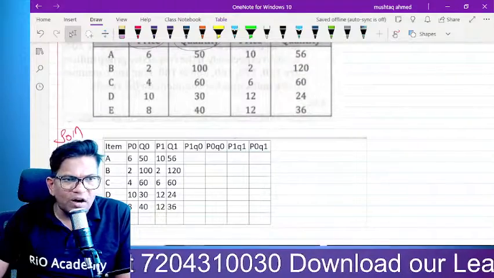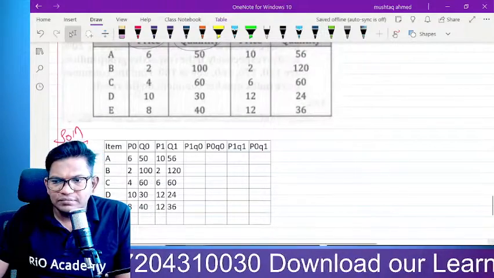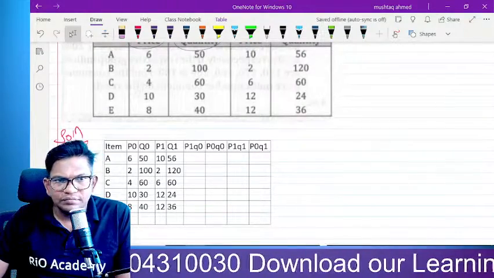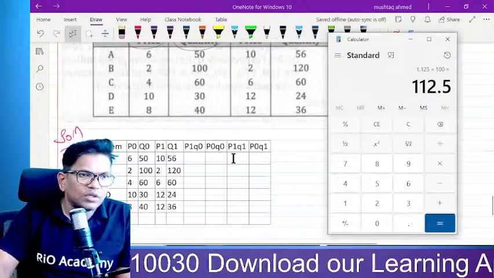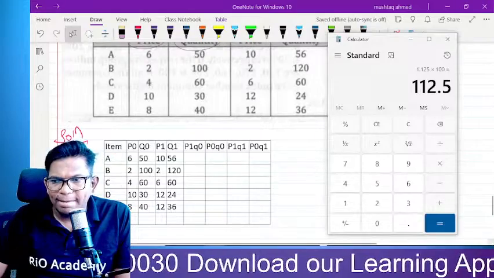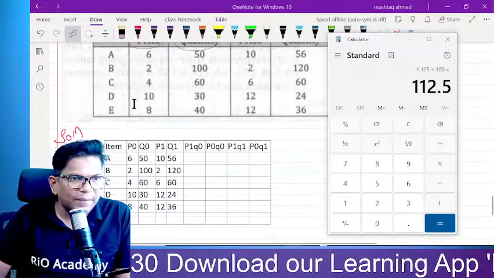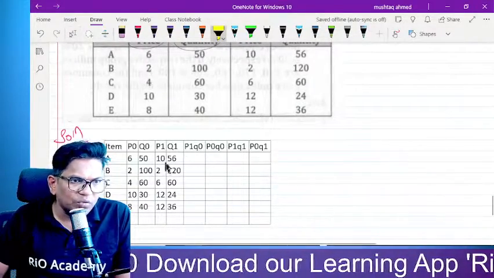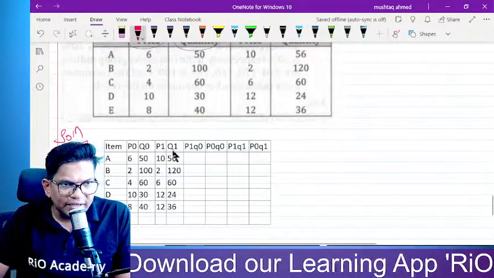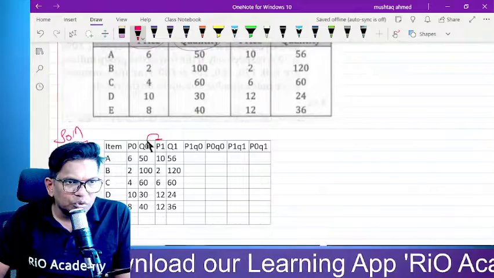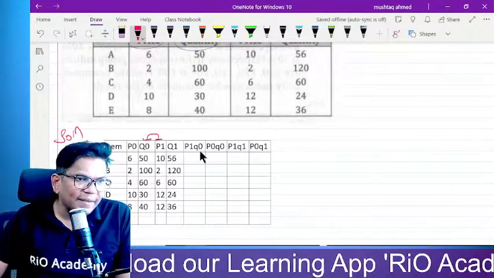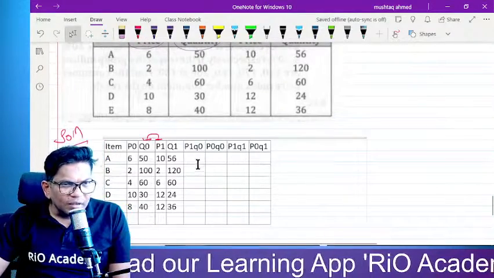Please fast, just multiply. Tell me. 00, right? We have 60. One second. We have P1 here and Q0 here, so to this we are going to multiply. Tell me. 60.